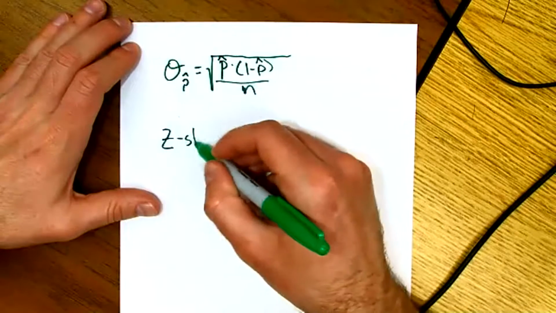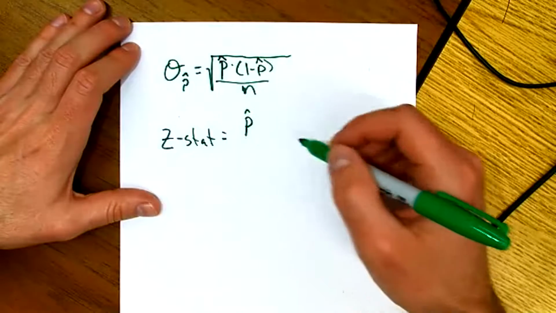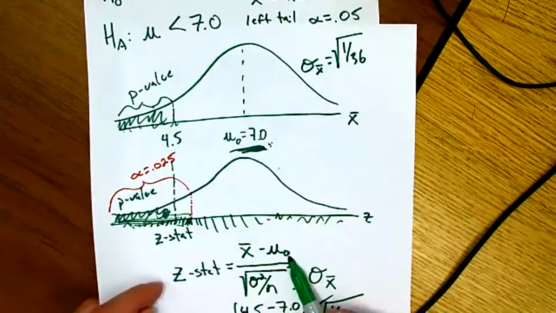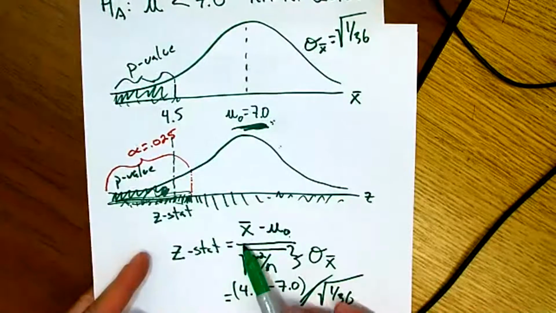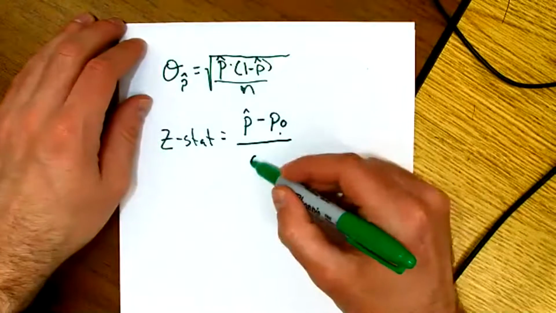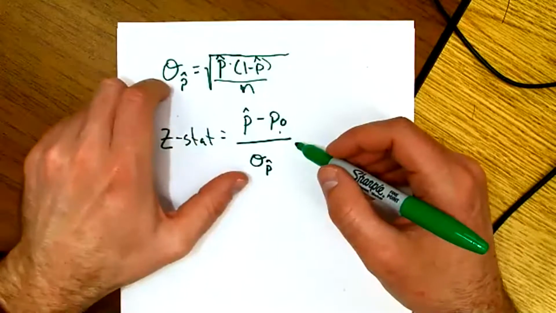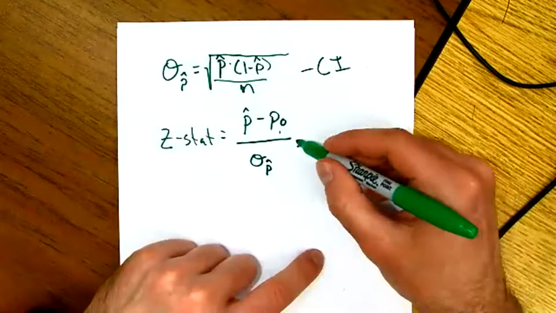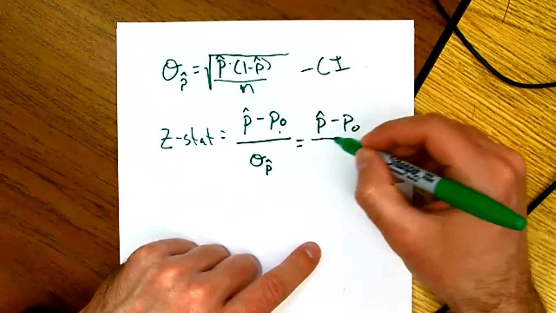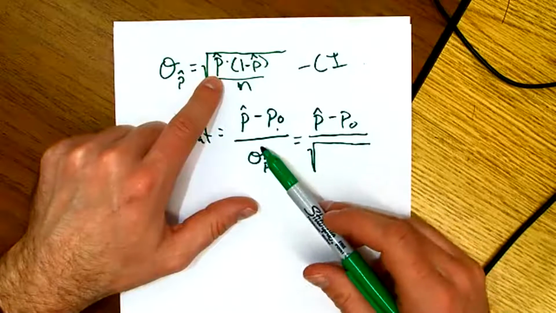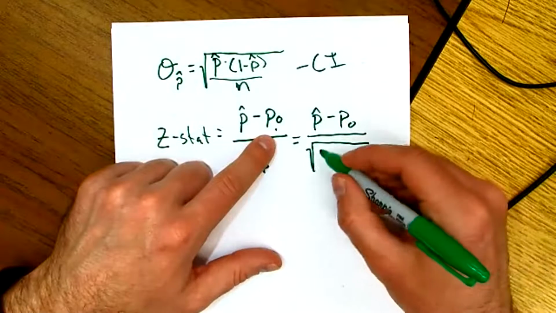Well, when I'm building this z statistic, or test statistic, for sample proportions and an assumed true population proportion, notice this is pretty much what we were doing before. Before we took the sample mean minus the assumed true mean; now it's the sample proportion minus the assumed true proportion, then you divide by the standard deviation of the statistic you're looking at. So now it's dividing by the standard deviation of my sample proportions. That is going to look similar to what we did for confidence intervals, except now instead of needing to estimate the population proportion with our sample proportion, we have an assumed true population proportion.